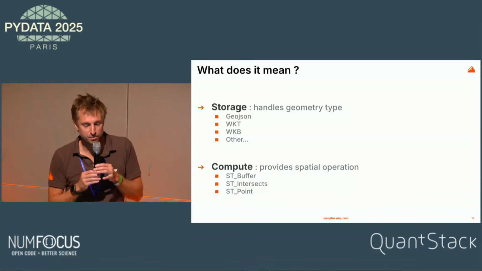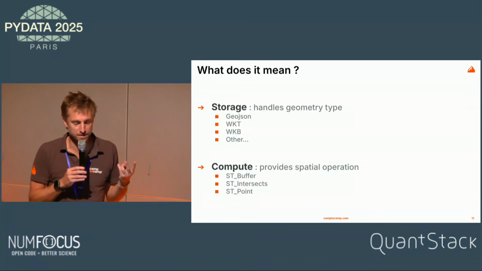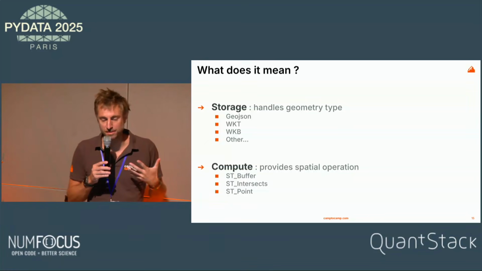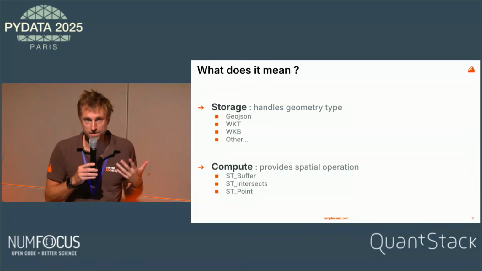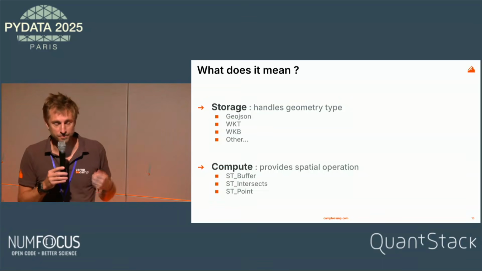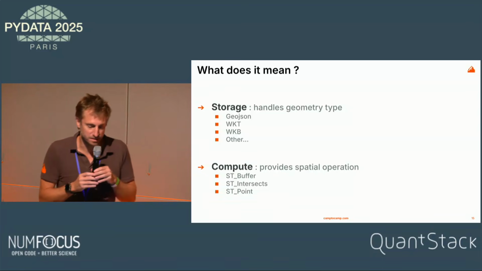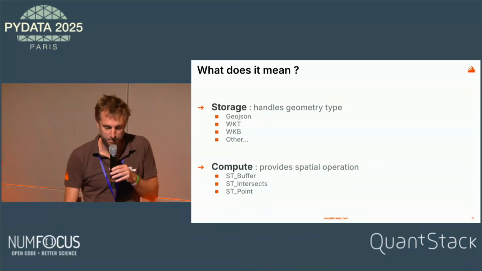So what does it mean to have a spatial component? It means there are two things. First, there is a geometry. So your system or your library should handle the storage of the geometry. It could be GeoJSON or WKT, WKB, binary geometry.